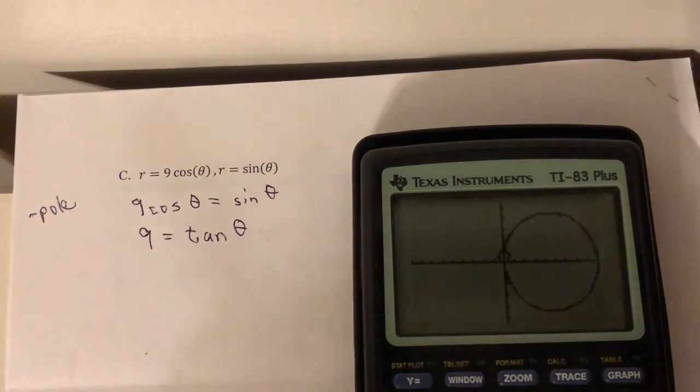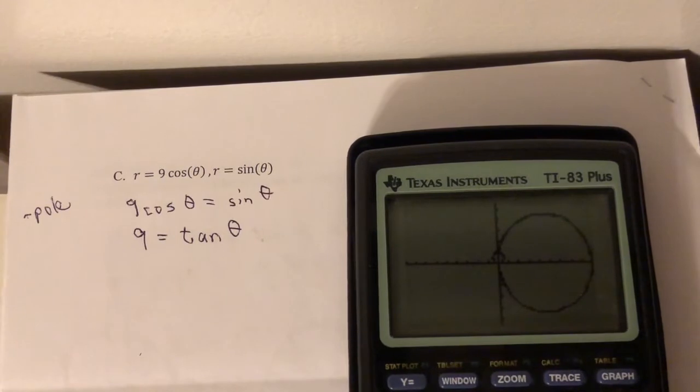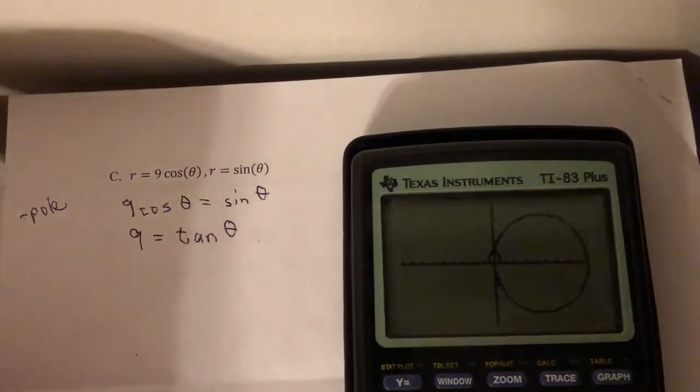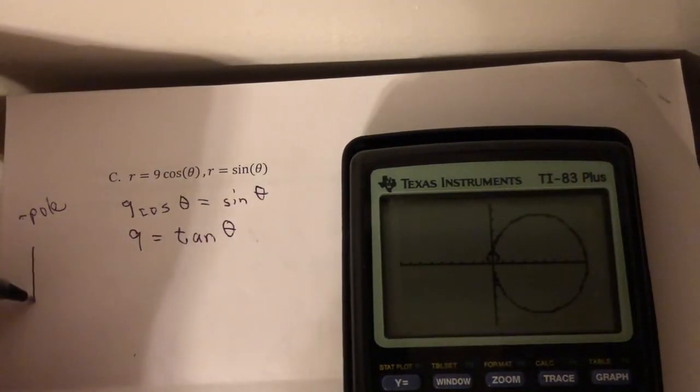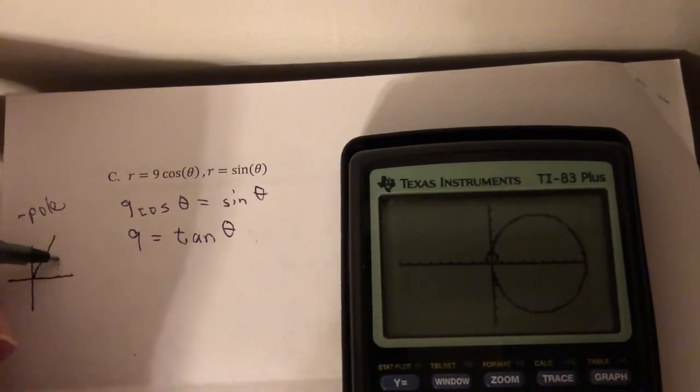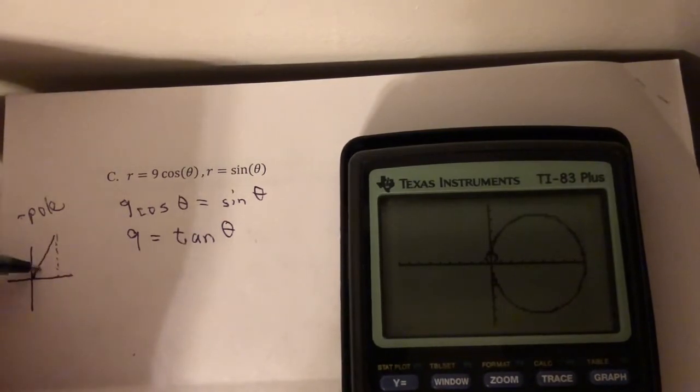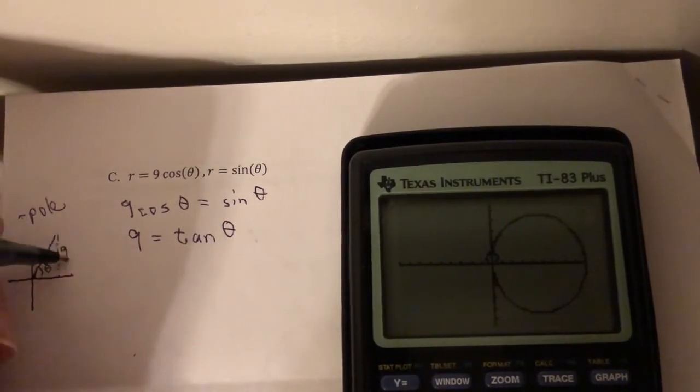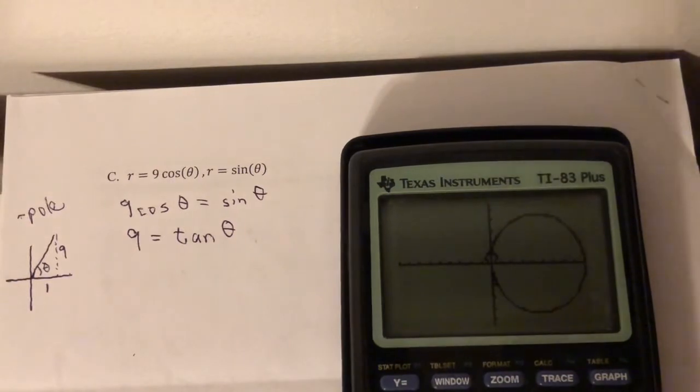So if you've got cosine theta and sine theta in the same equation, you can divide both sides by cosine theta, get your factor of tangent. And tangent theta equals 9. So if I sketch that out in the first quadrant, this is not to scale, but what I'm going to get is a really tall triangle.